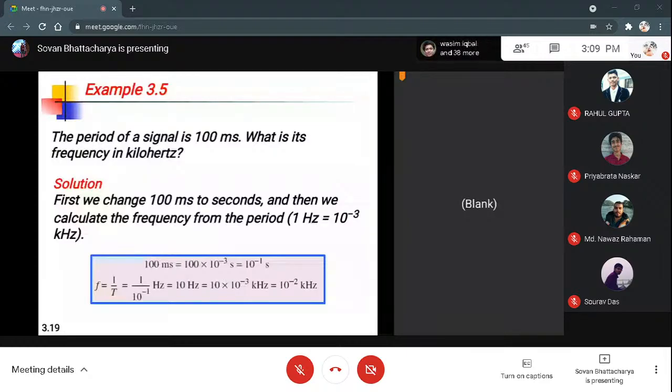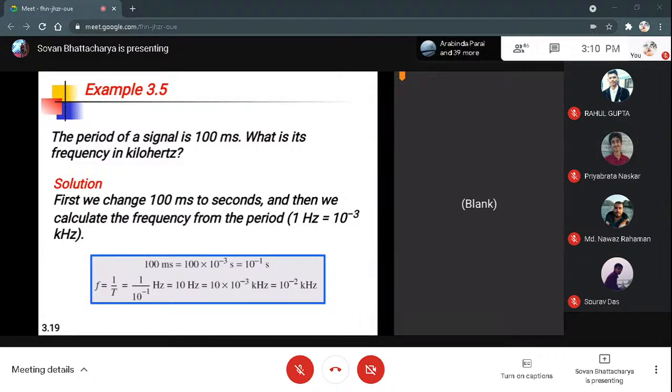The time period is given, 100 ms. Now you have to find the frequency in kilohertz. You know that f equals 1/T, the reverse way. Now you have to put in the value and then find the frequency in kilohertz. Is it clear? Yes.